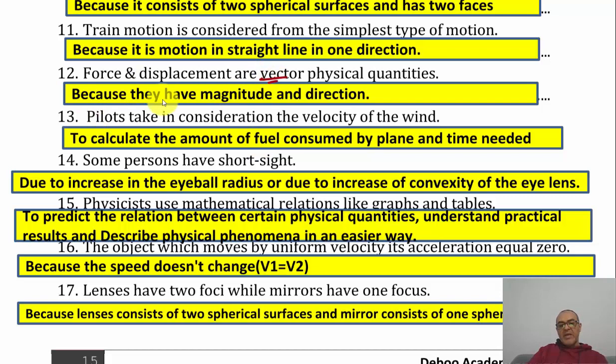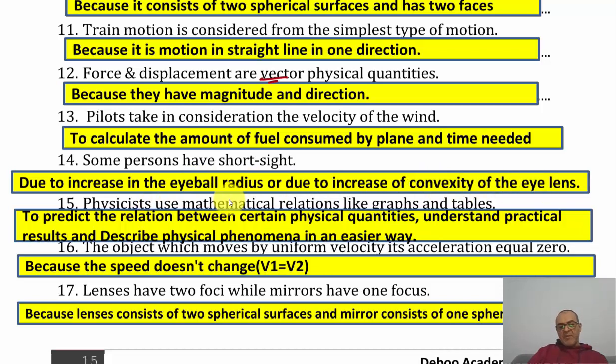We said a vector has a magnitude and direction. Everything with magnitude and direction has vector physical properties. Pilots take into consideration the velocity of wind to calculate the amount of fuel consumed by the plane and the time needed. Some persons have short sight due to an increase in the eyeball radius or due to an increase in the convexity of the eye lens.